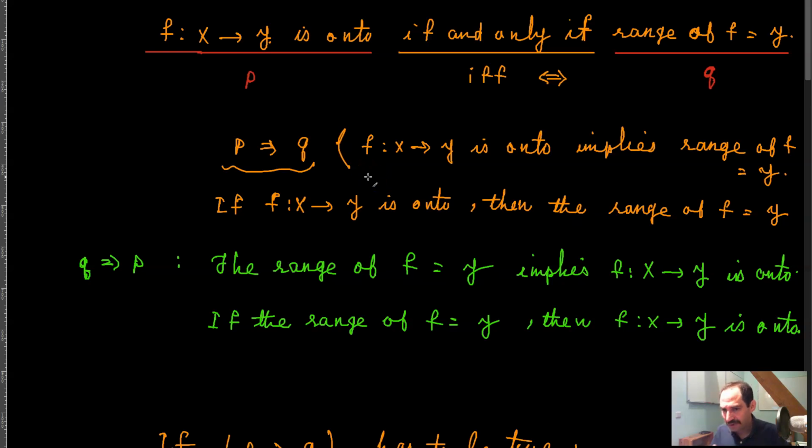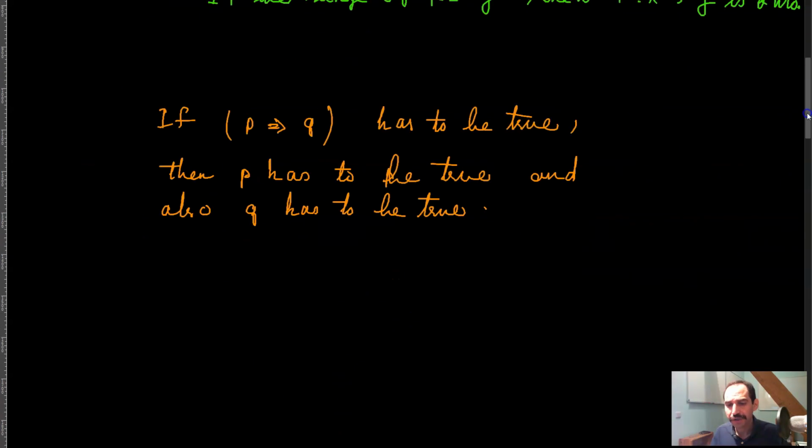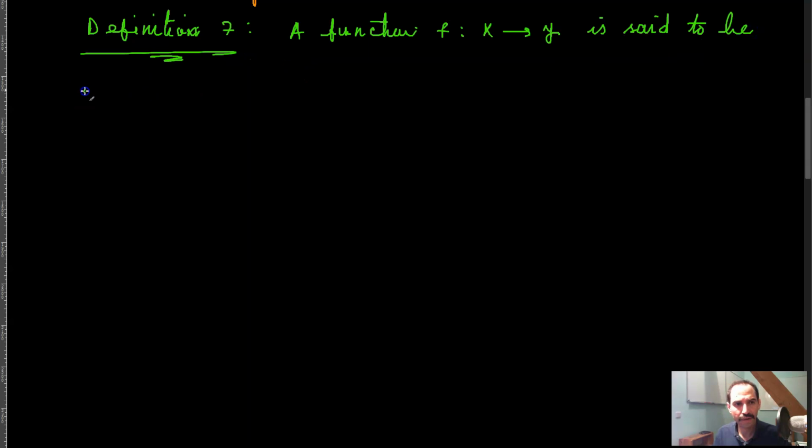And we have one more definition here, which is definition number 7, which says that a function f from x to y is said to be 1-1 and onto.